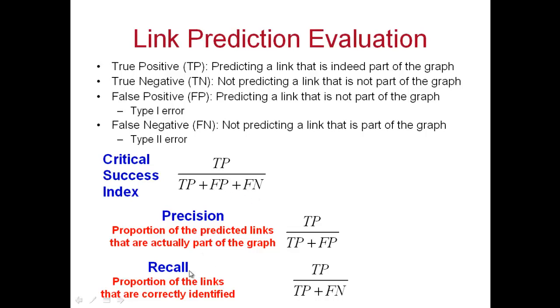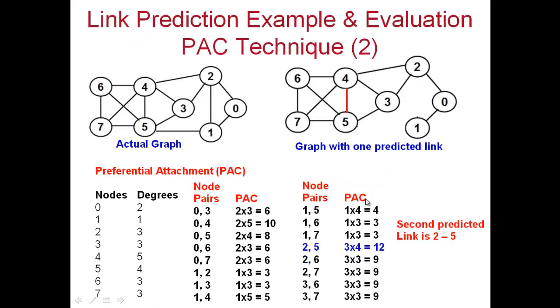Now precision means what proportion of the predicted links actually existed in the graph. The predicted links are the sum of true positives and false positives, so precision is true positives divided by true positives plus false positives.